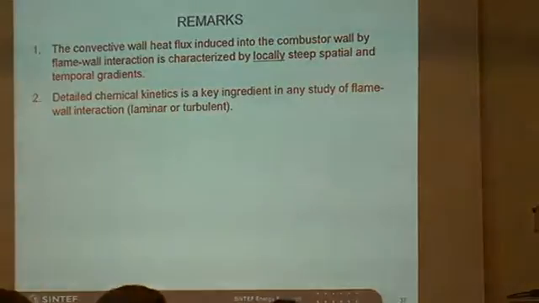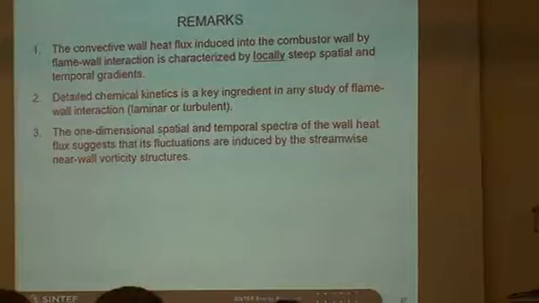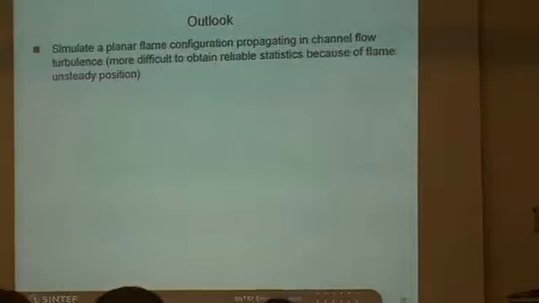So, this I already said. Basically, it's a summary, and what we are planning to do, perhaps more interesting, is to simulate a planar flame. Now we have a V flame. The V flame is very good because it's stationary, so we can make some good statistics.